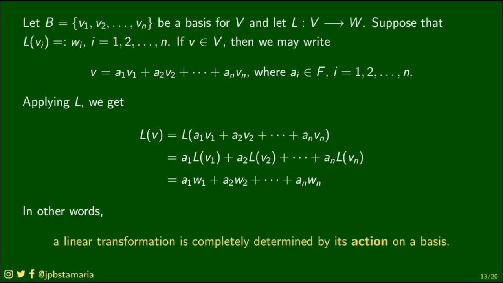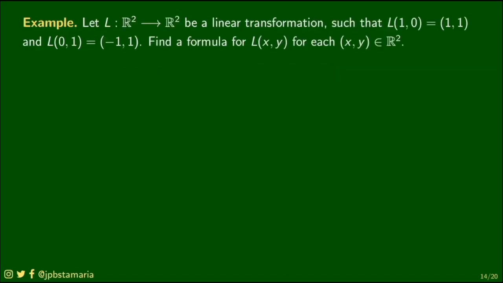To further explain this idea, let's have the following example. Let L be a linear operator on R2 so that it takes the vector (1, 0) to the vector (1, 1). Also, it takes the vector (0, 1) to the vector (-1, 1).